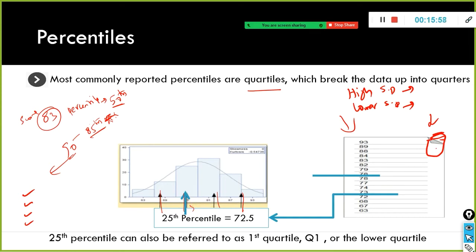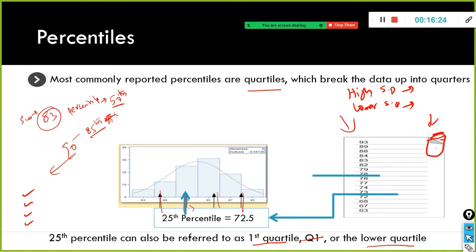We don't say 100th percentile. The 25th percentile can also be referred to as first quartile Q1 or the lower quartile. And the 75th percentile can be referred to as third quartile Q3, or we call this the upper quartile.